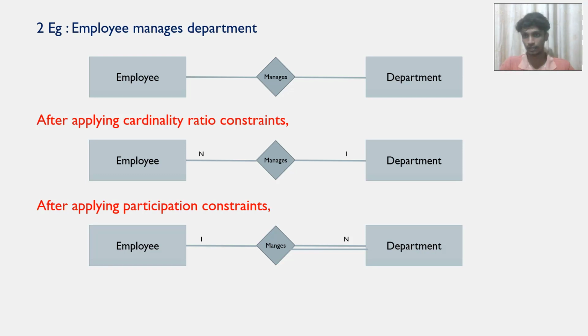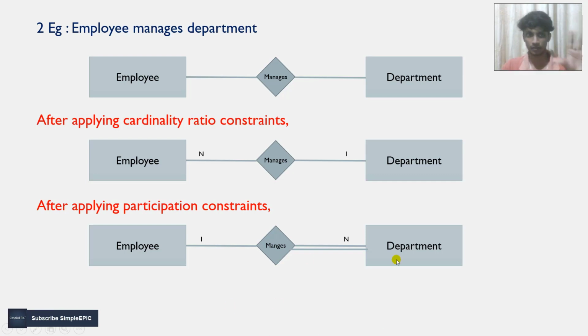So it is every, and the other side is maybe or maybe not. So maybe it is easy to identify those facts by using the word materials. So always remember, maybe represents partial participation and every represents total participation.